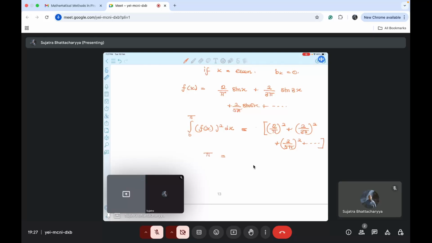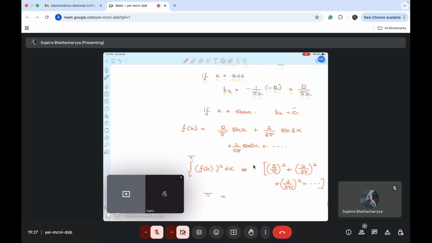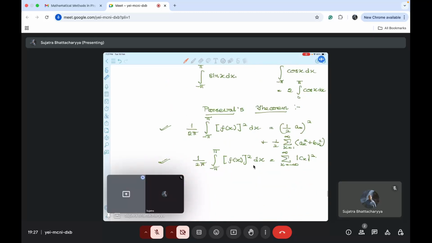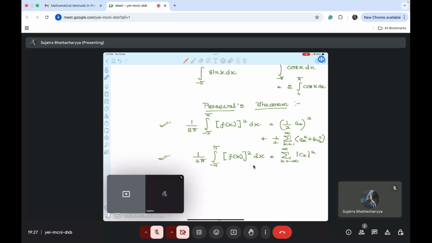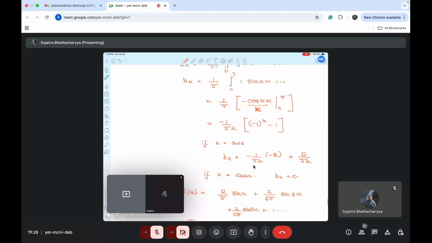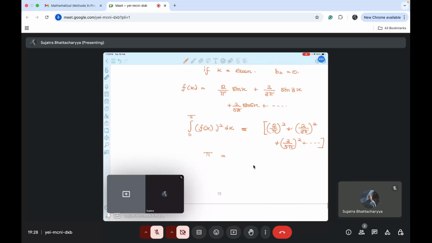And here also something will come, right? If you look at Parseval's theorem, you have here 1 by 2 pi, correct? I think here also you will get something like this, or some 2 pi kind of thing will come.